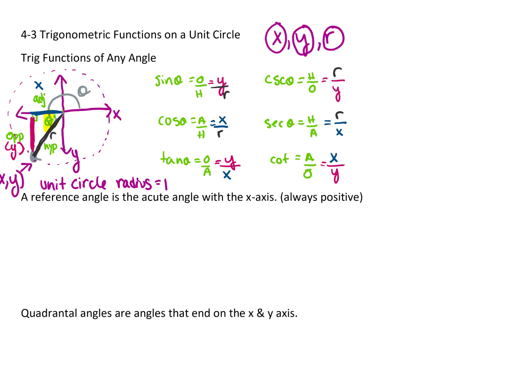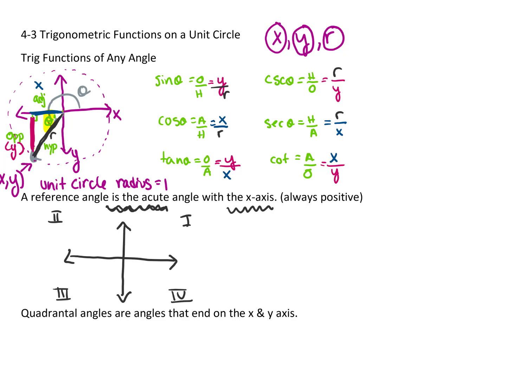So in this example, I talked about a reference angle. A reference angle is always an acute angle, and it's always attached to the x-axis. So we can have a reference angle in any quadrant. Quadrant 1, quadrant 2, quadrant 3, quadrant 4.